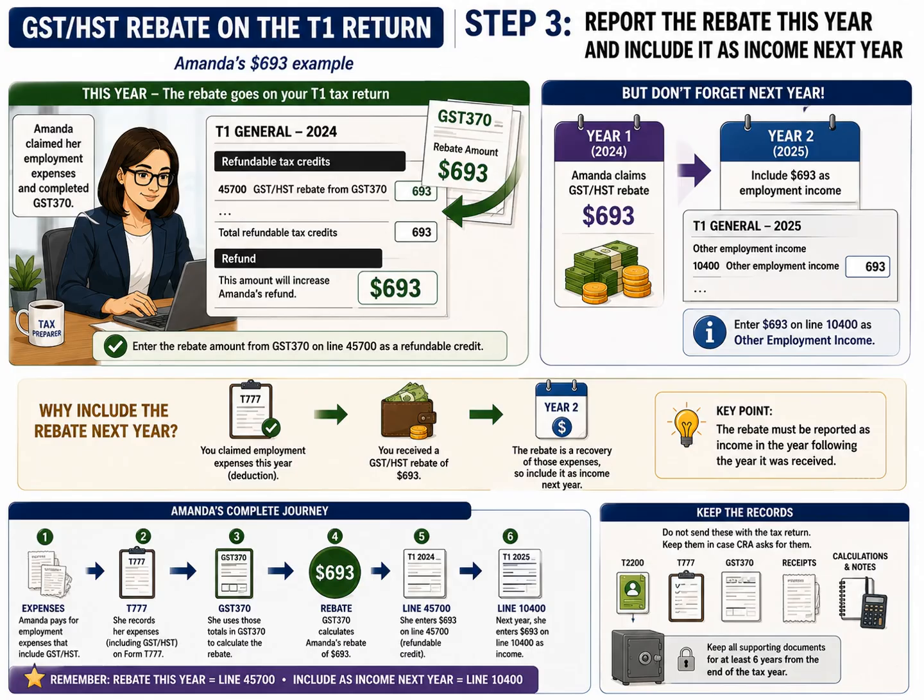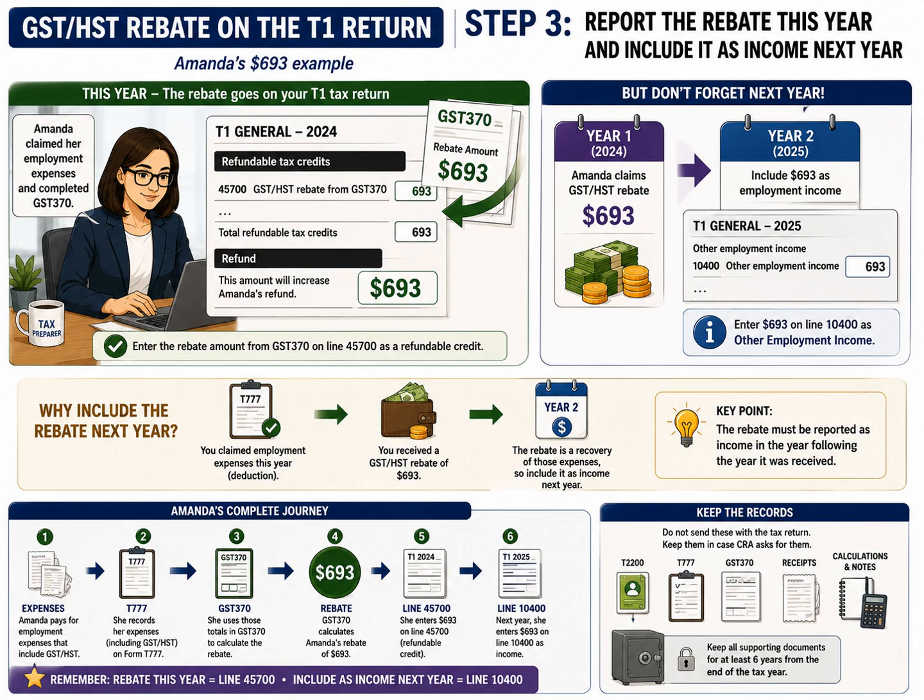Now we reach the final step, reporting the GST/HST rebate on the tax return. Let's continue with Amanda's example, where her calculated GST/HST rebate is $693. After completing Form GST370, the rebate amount is transferred to the T1 general return.